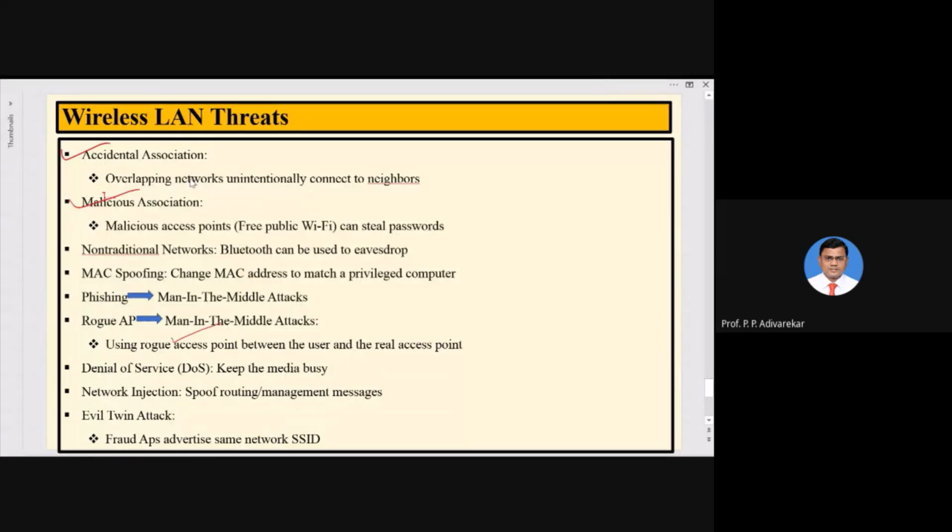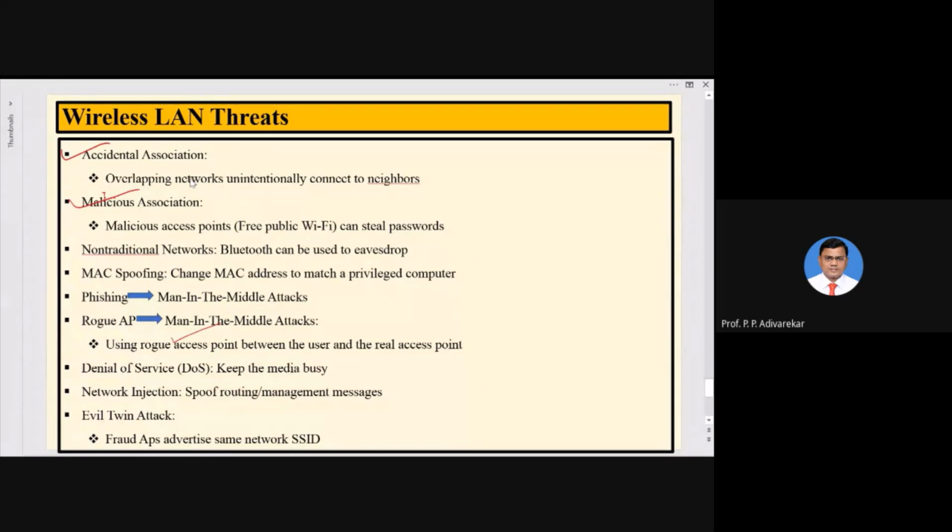Let's say a rogue AP or a fake access point provides a service in the network. If you connect to that particular network, it may happen that it steals your password. Now that can be avoided by WPA, and WEP also, because some sort of security is provided in WEP, and WPA is secure. So the first two are pretty basic attacks that can be easily avoided.